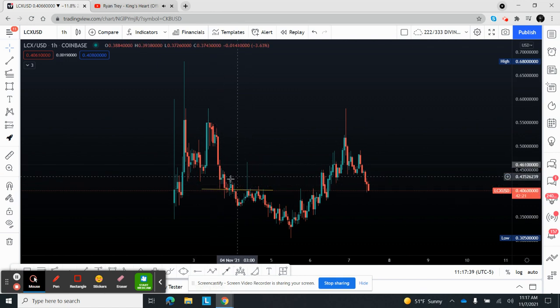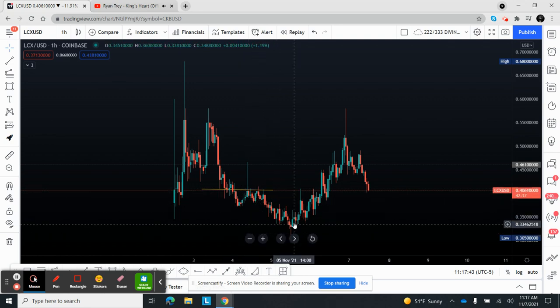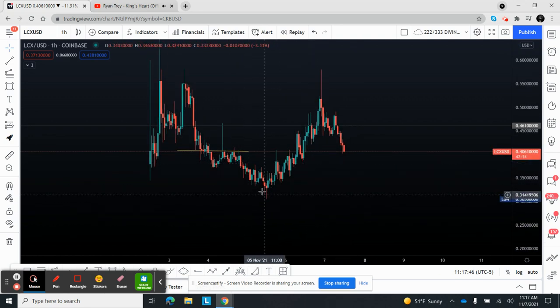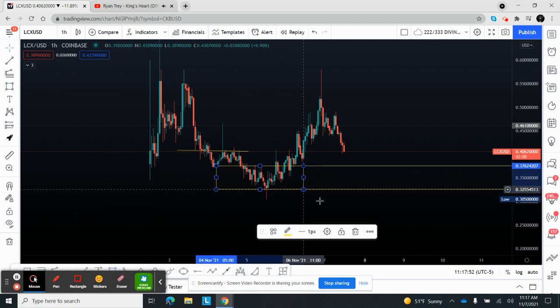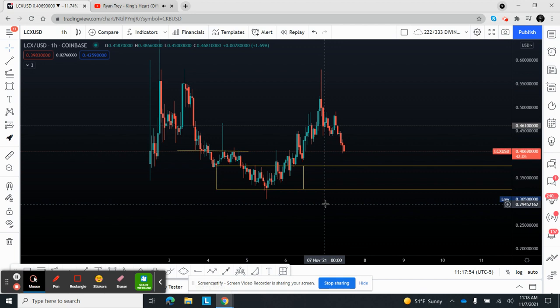I started adding, started scaling in, and when it got down here, I loaded all in this area because this was a zone that can't get no better than that. It is what it is. If it goes lower, if I got some more money I want to invest, I do it. But if not, I'm satisfied. So I added in my final orders in this area and that massive growth.